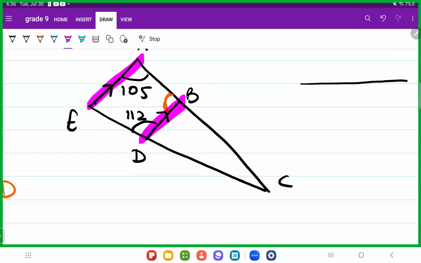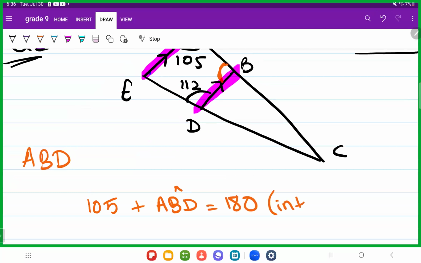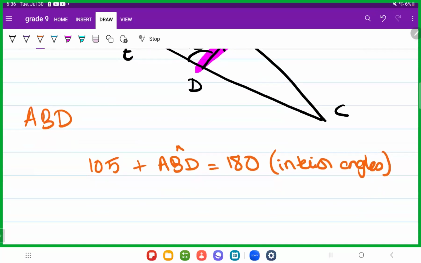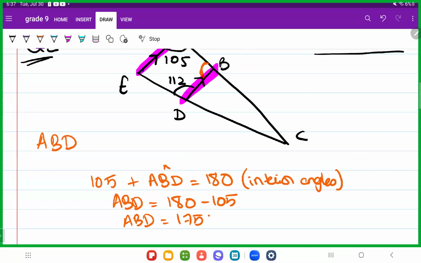So if I want to find out the orange angle, ABD, you can do 105 plus ABD is equal to 180. Now you can write down interior angles over here. And then ABD is equal to 180 minus 105. ABD is equal to 75. Make sense?